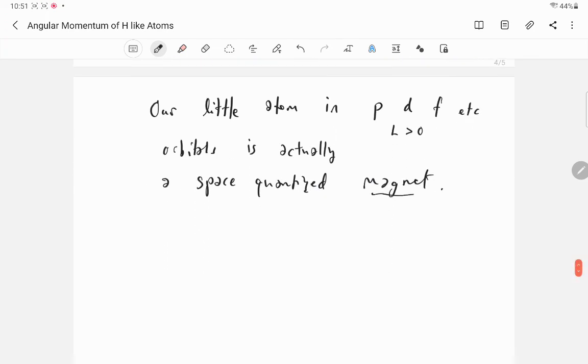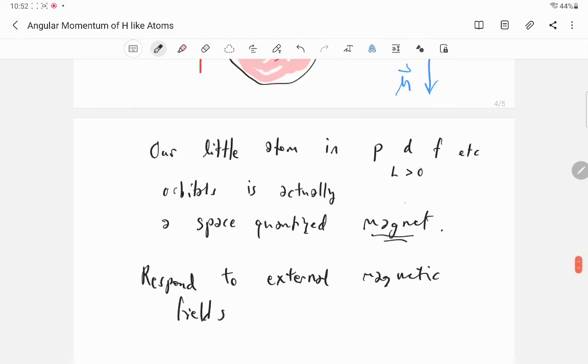And this space quantized magnet can respond to external magnetic fields. So this is one way that you could see the magnetism of an atom, or the space quantized orientation of an atom. Okay, so I'm going to stop this video here, and yeah, this turned out to be a long video.